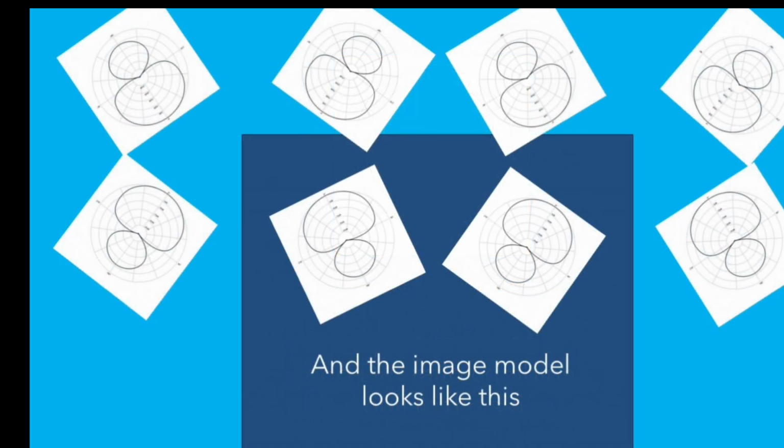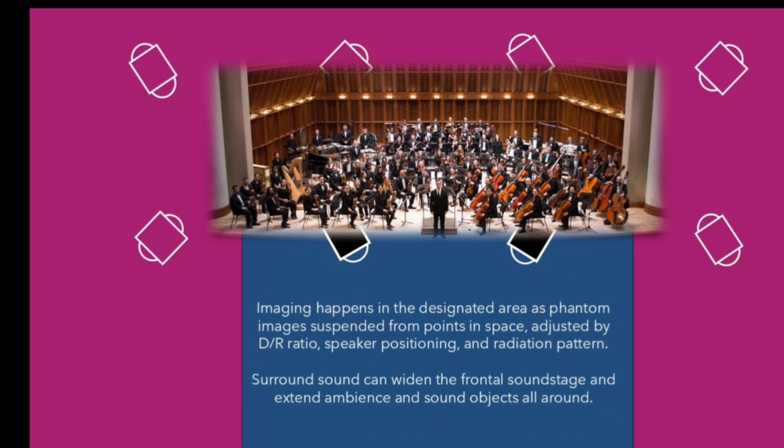And your image model would look something like this. All imaging happens in the designated area as phantom images suspended from points in space rather than just a clothesline strung between your two speakers. It's adjusted by the direct to reflected ratio, speaker positioning, and radiation pattern.